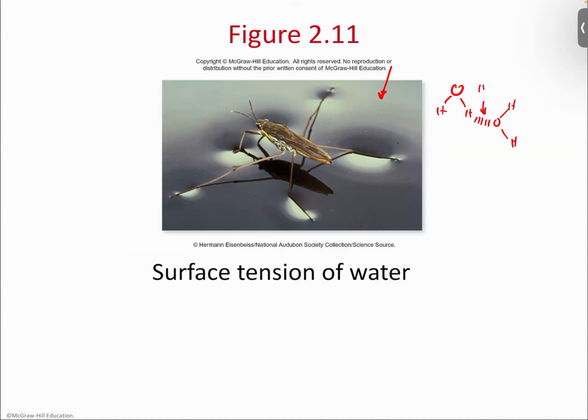So that's what this guy is right here. But guess what? There's other water molecules around here. And they basically just keep on forming these associations with each other.